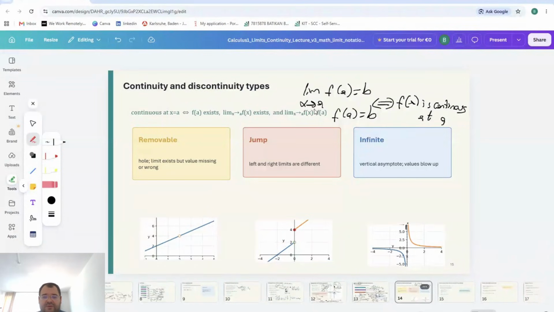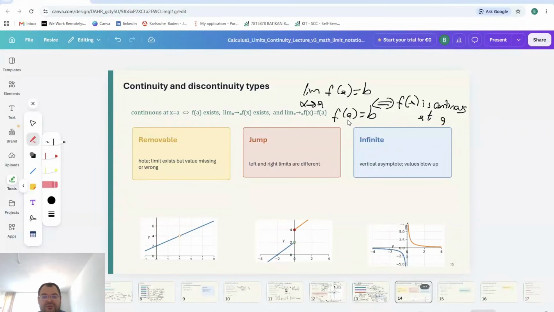So you must have a function whose limit exists and must be equal to b, and you must have the same function whose value is b when you give x equals a as an input parameter. The value of the function at that point must be equal to the limit of that function at that point. So when they are equal, you can say the function is continuous.